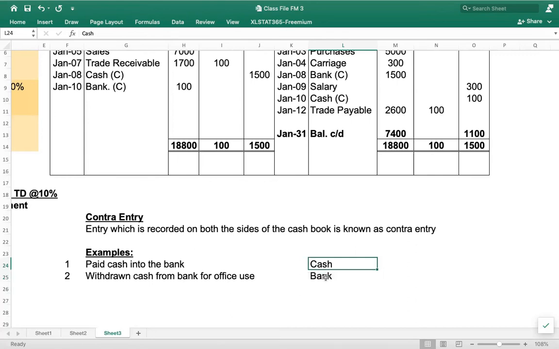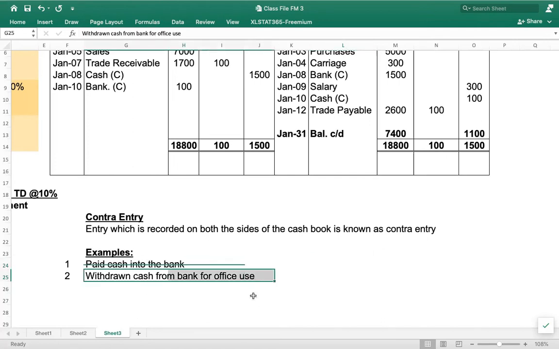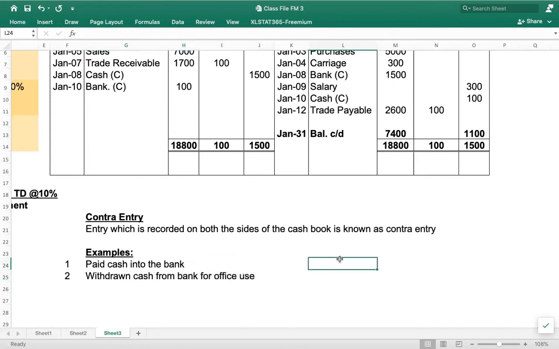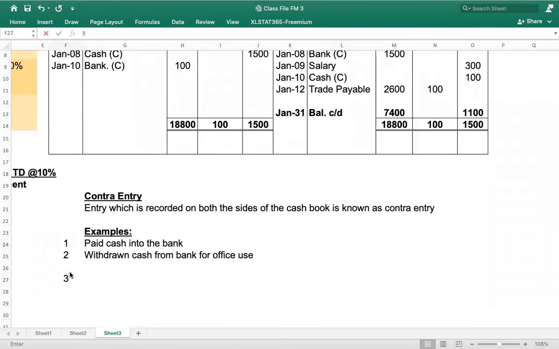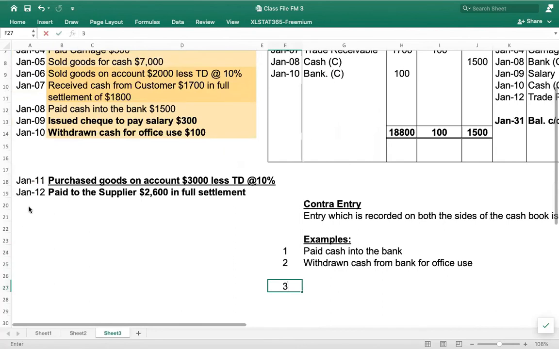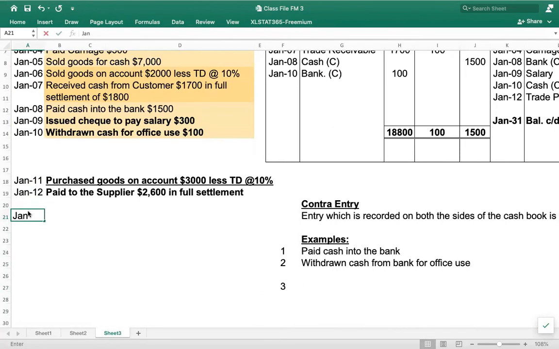And here I withdrew money for what purpose? Office use. But sometimes I withdraw money for my personal use also, but that is not a contra entry. Let me take a transaction here. Jan 13, cash withdrawn from bank for personal use, let's say $50 or let's say $100.